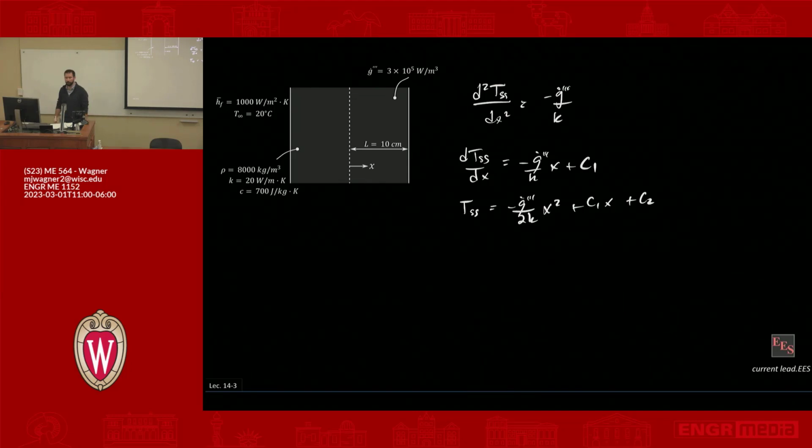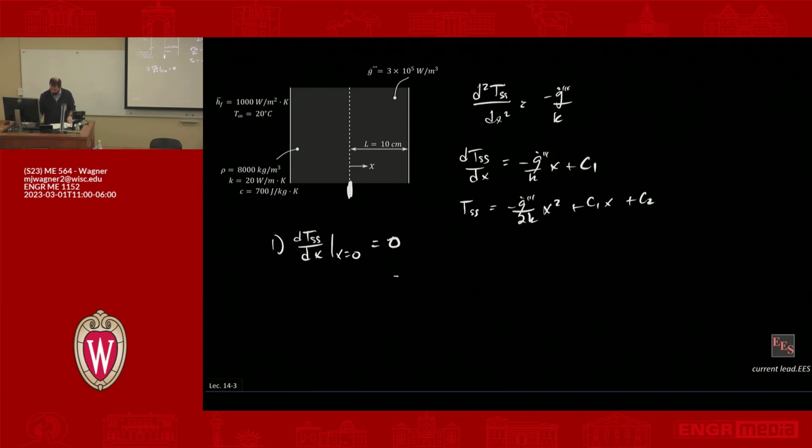We need to then impose the boundary conditions to figure out what those unknown constants are. So boundary condition 1 is going to be dT/dx at x equals 0, right at this center line here. That's going to equal 0 because of symmetry.